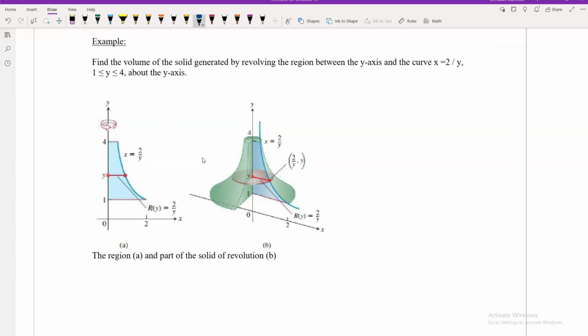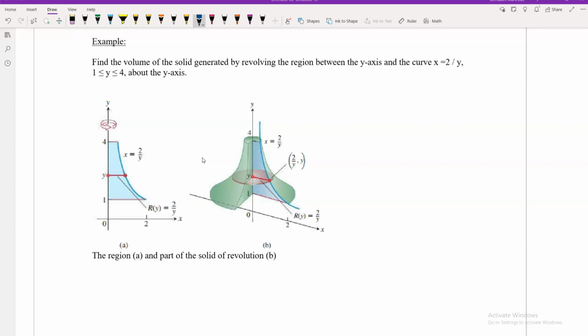Example: find the volume of the solid generated by revolving the region between the y-axis and the curve x equal to 2 divided by y, between 1 and 4 inclusive, above the y-axis.